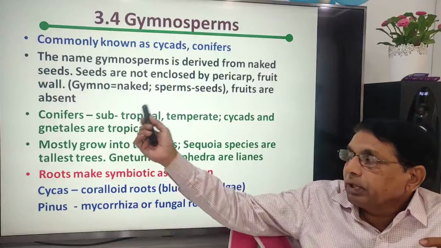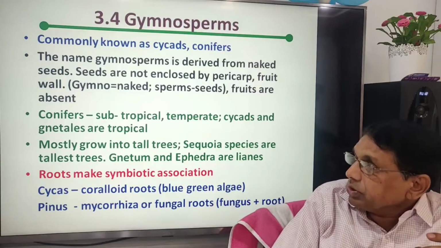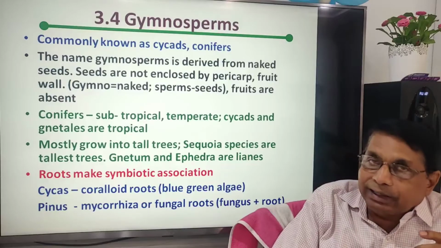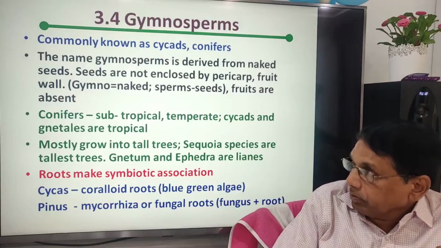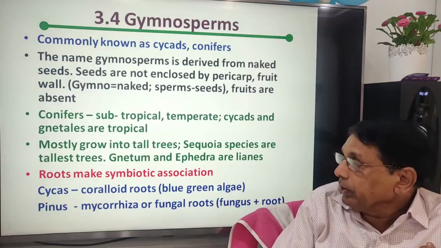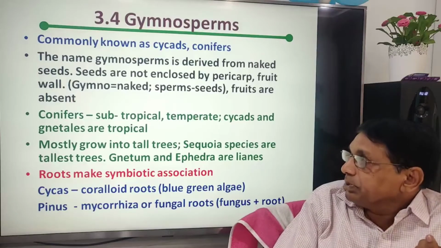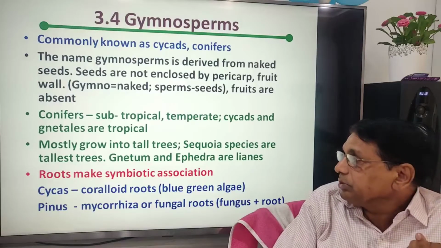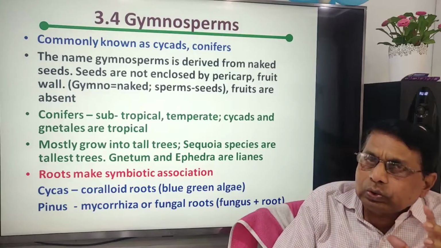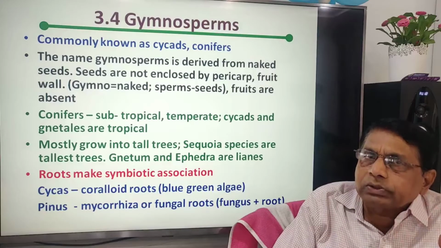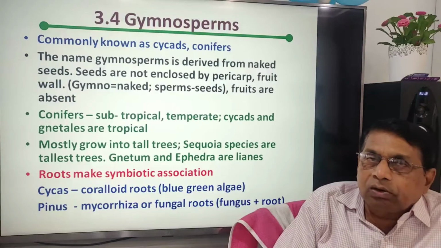Conifers are found in subtropical, cold, temperate areas. Cycads and gnetales are another important group, tropical. Most grow into tall trees. Sequoia species are the tallest trees; Gnetum and Ephedra are lianas. Usually roots make symbiotic associations with other organisms.